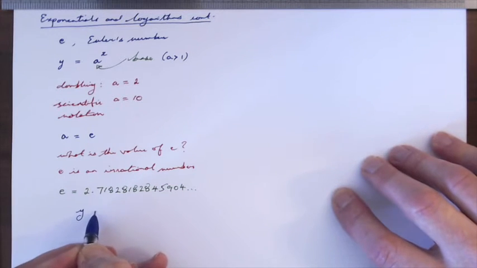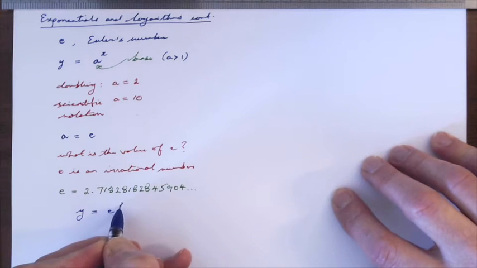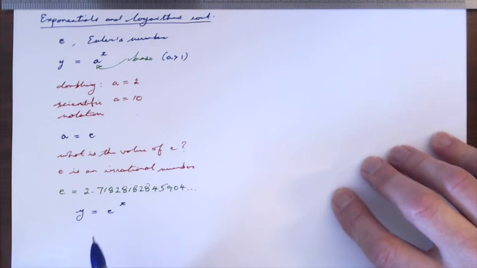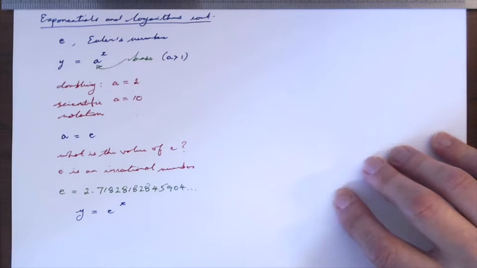So when we write y equals e to the x, when we choose that base to be equal to e, it turns out that the exponential function written in this fashion with a base of e has many beautiful properties when you are performing calculus.